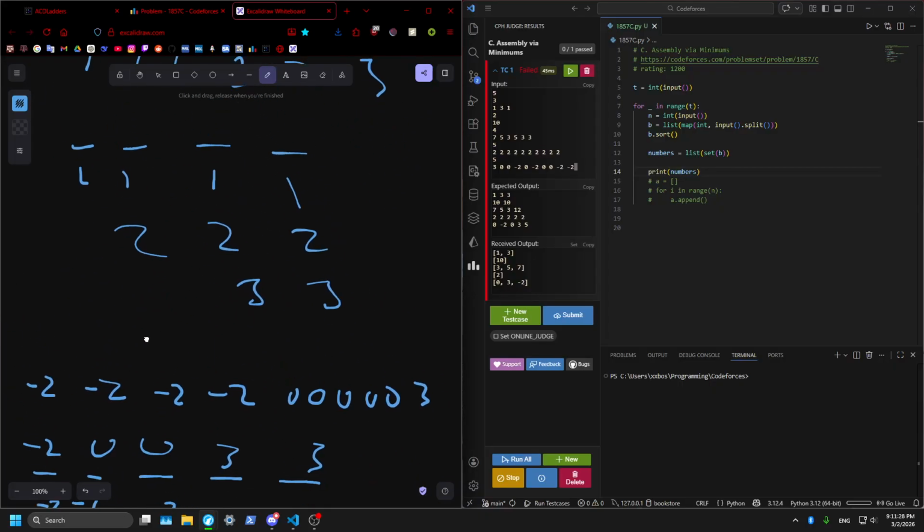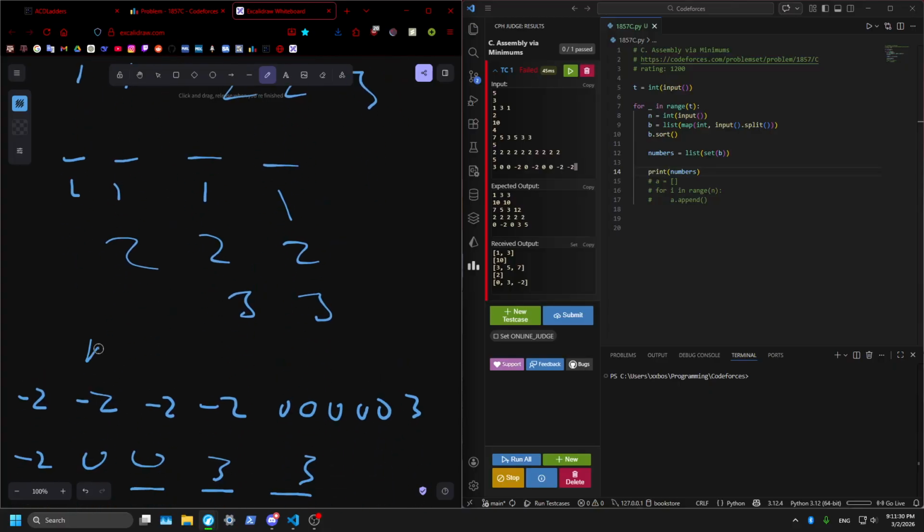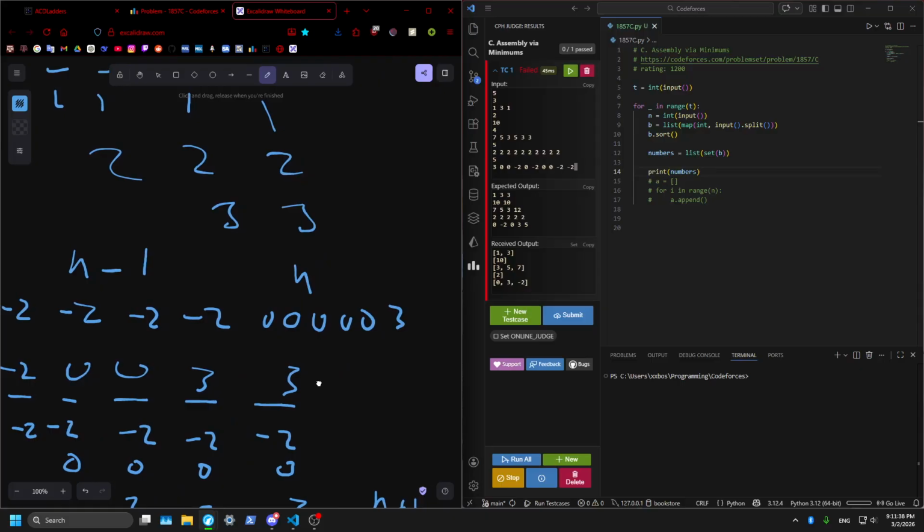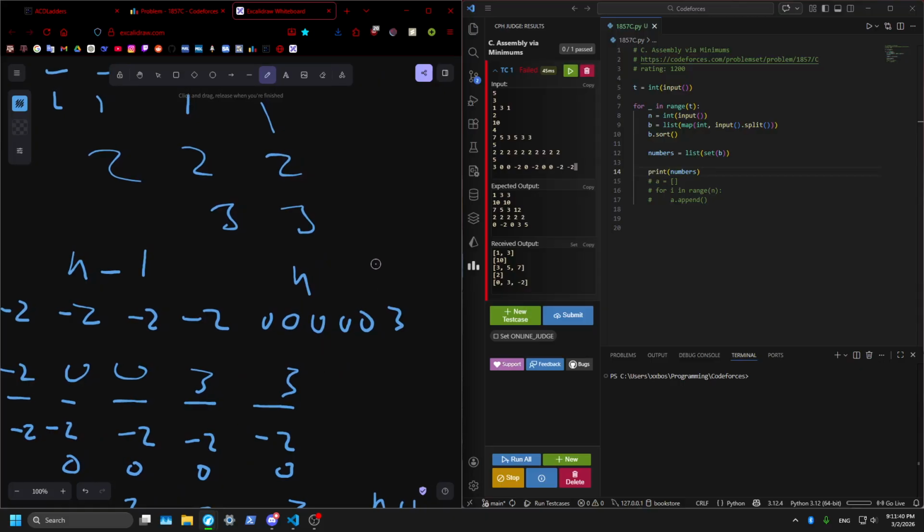I don't understand this. Why is this n minus... This is 5. This is n minus 1. This is n. So n minus 4. What the hell?